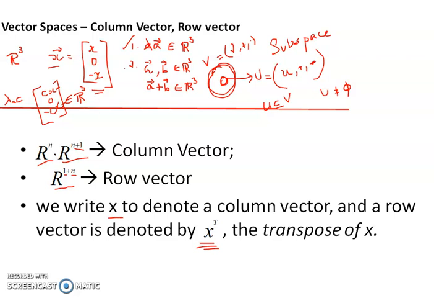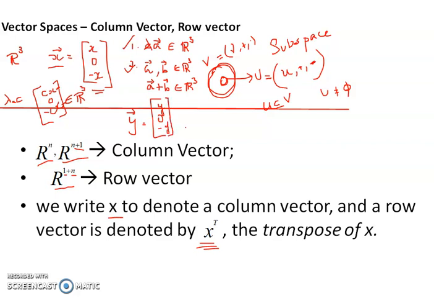The next condition is vector addition, where you need to take two vectors. Here one vector is x, and you can take one more vector y with elements y, 0, minus y.